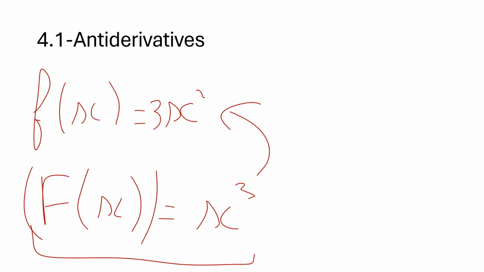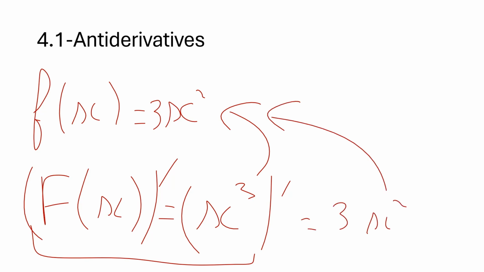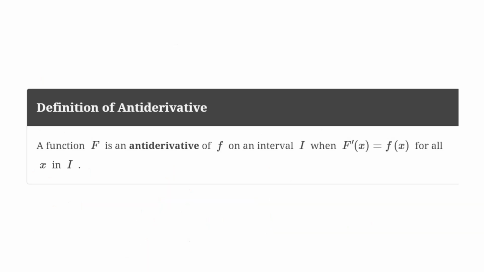Because as I said again, if we were to differentiate this function here, we just end up with 3x squared, which is the same as this. And this is what the definition of antiderivative says. It says that a function big F is an antiderivative of small f on an interval I when F prime of x is equal to f of x for all x in I.